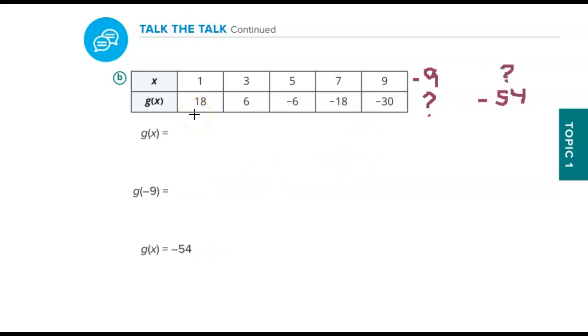First part of this quest is to figure out what either the slope or the y-intercept is. If we're going to be figuring out the y-intercept, that happens when x equals 0. So we're also looking for the y value when x equals 0.